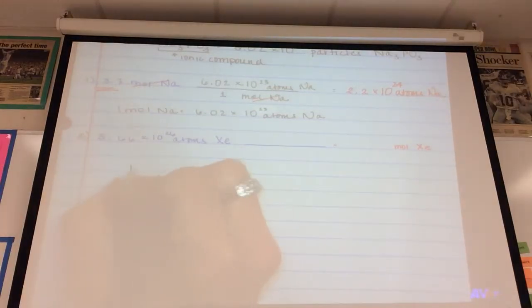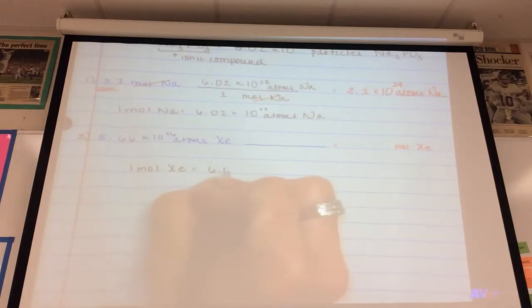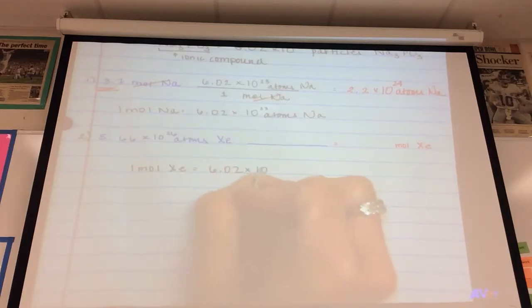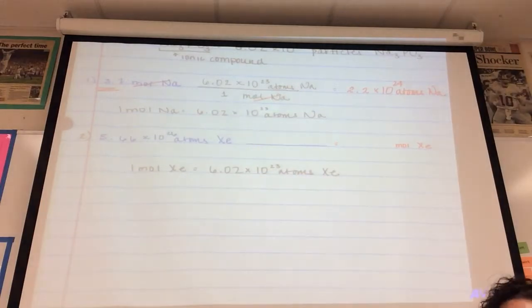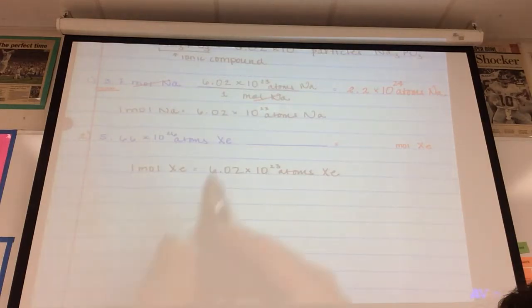Now we know that 1 mole of anything is equal to Avogadro's constant. And again, this is something that we touched upon at the beginning of the year, so it shouldn't look foreign to you. You just need to make sure you're setting up the factor label method properly.